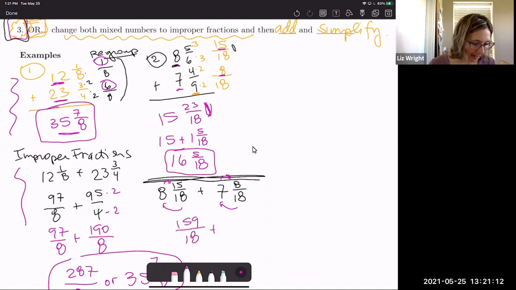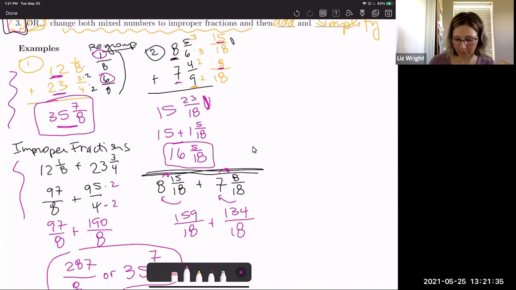And then I'm going to add 18 times 7. That gives me 126 plus 8, which gives me 134. So I'm going to add 159 to 134, which should give me 293.